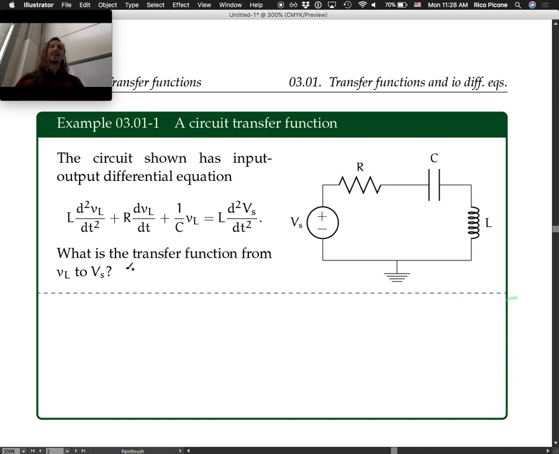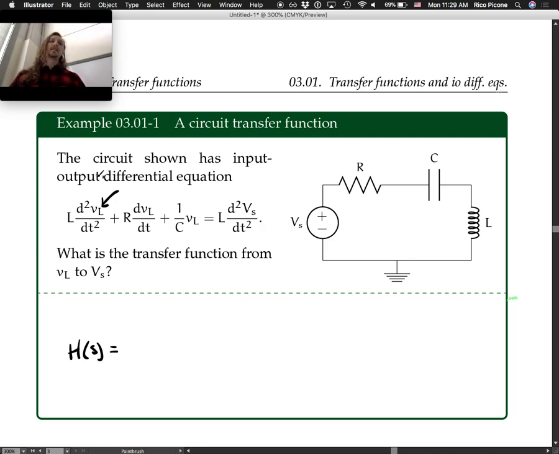But the idea here is that H of s, so our output, is what? Which variable in this differential equation is our output? VL. Right? VL is our output, because we have VL as our differentiated variable on the left-hand side.